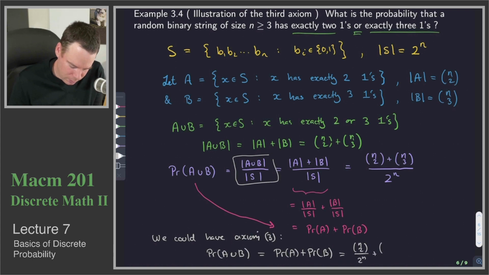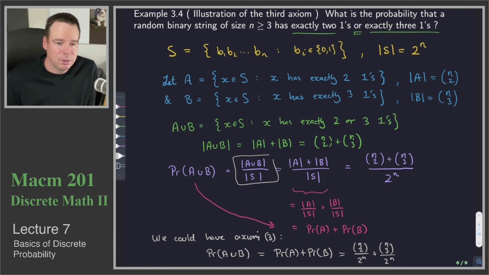The probability of B is n choose 3 over 2 to the n. And we would get the same result. So from this point forward, you're free to use axiom 3 if you want to find the probability of the union of 2 events which are disjoint, which do not contain any outcomes in common.